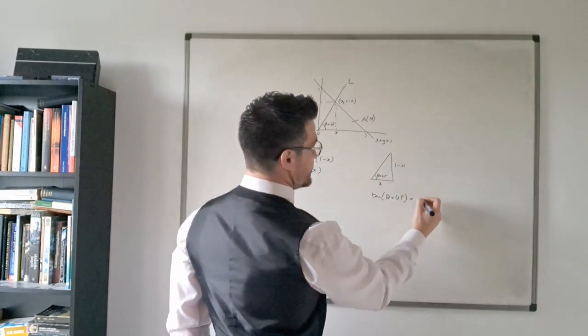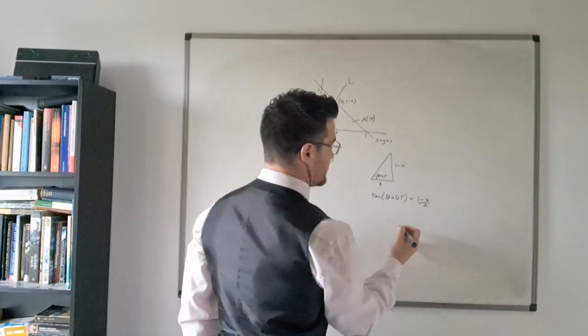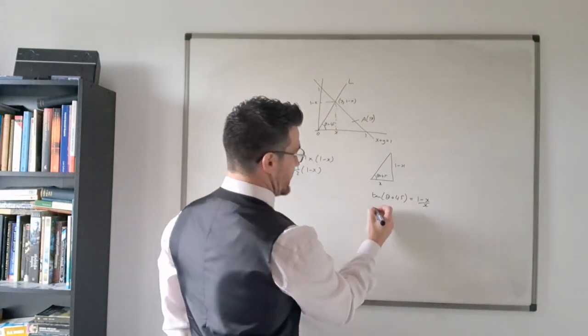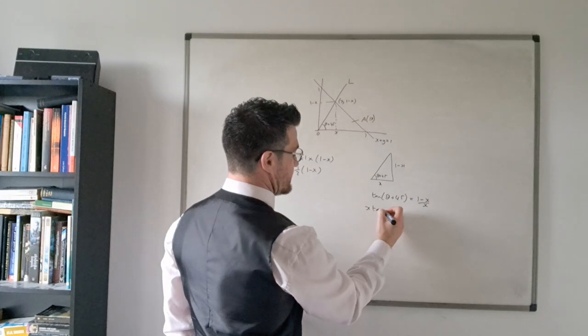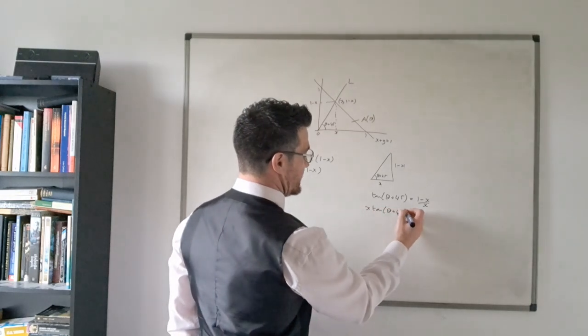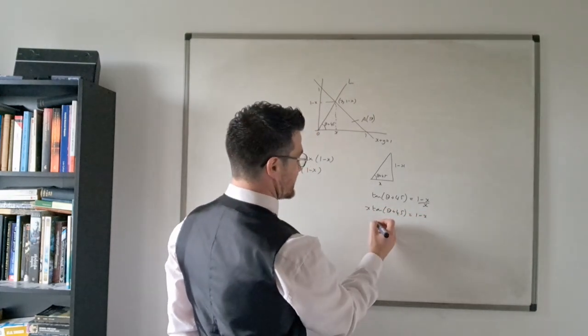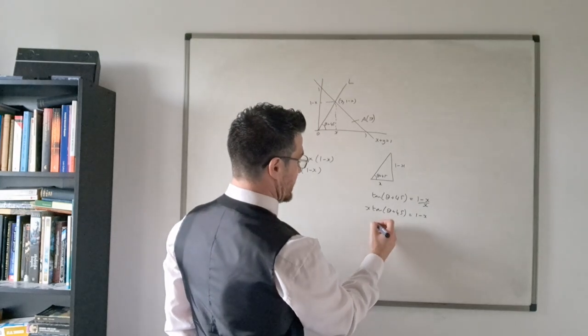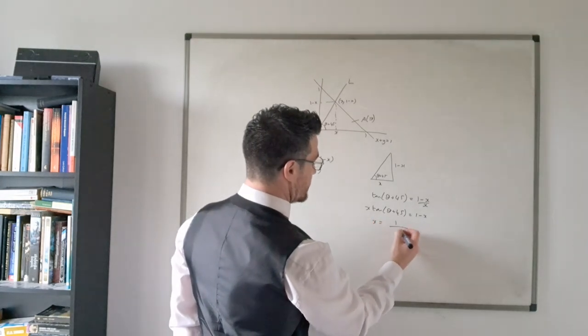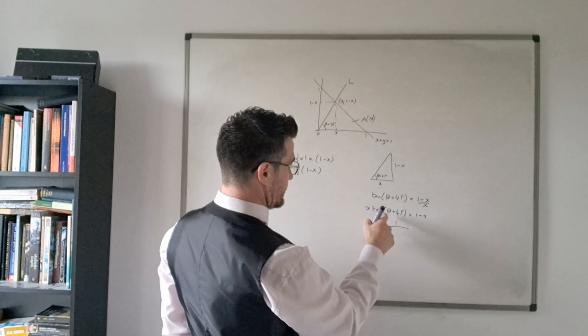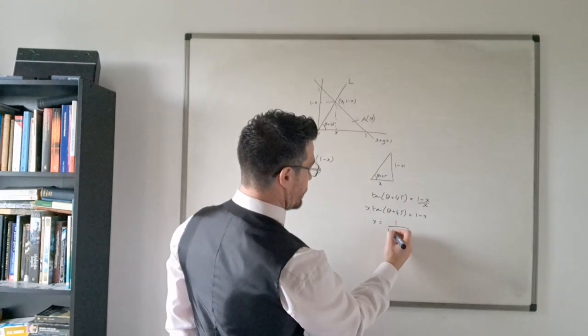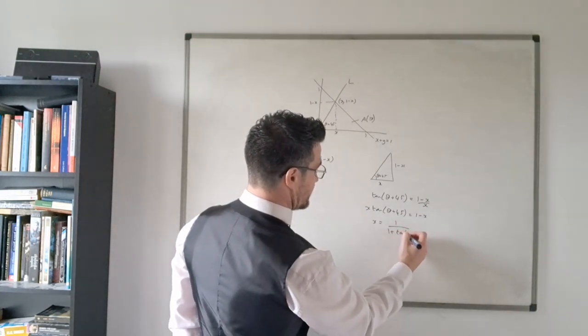Opposite over adjacent, 1 minus x over x. So if you rearrange this, you get x tan of theta plus 45 equals 1 minus x. So x is equal to 1 over 1 plus tan of theta plus 45.